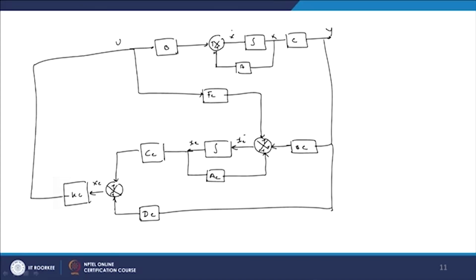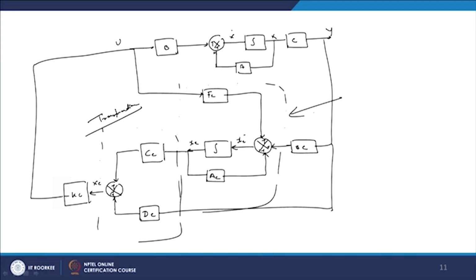So now this particular portion we call a transformation, and this part is called the minimum order observer.